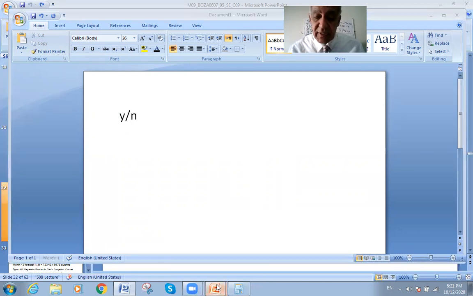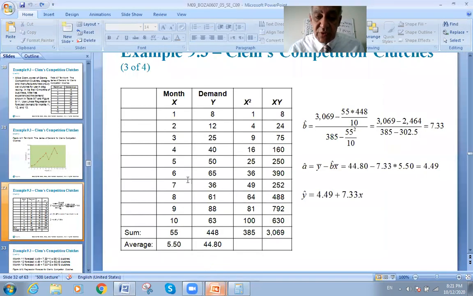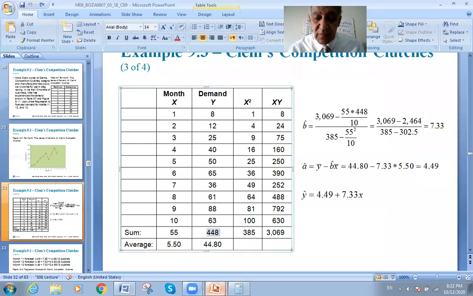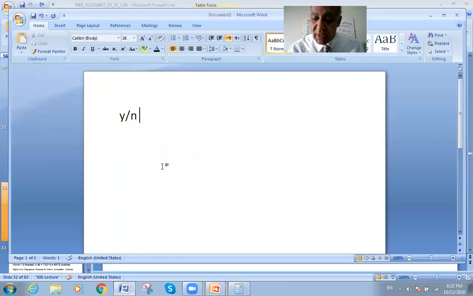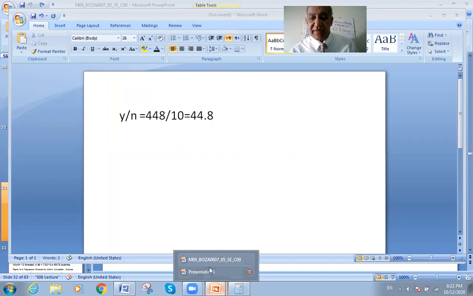Y is 448, and the series n is 10 months from 1 to 10. So it equals 448 divided by 10, which equals 44.8.